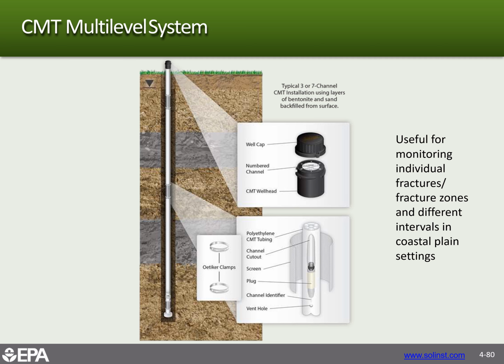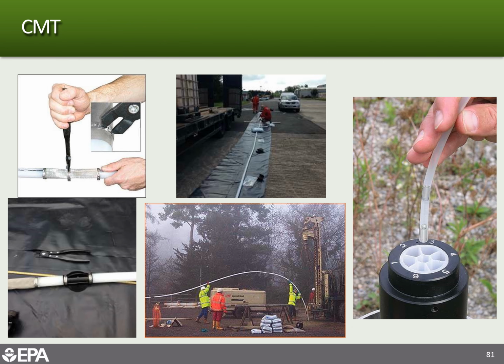I've used them more in coastal plain settings than in fractured rock intervals. But you basically go down to a certain zone, cut a hole in the side of the pipe, wrap it with some screen, and then that becomes your sample depth. And all of that is run off one single piece of polyethylene tubing, about 2 inches.